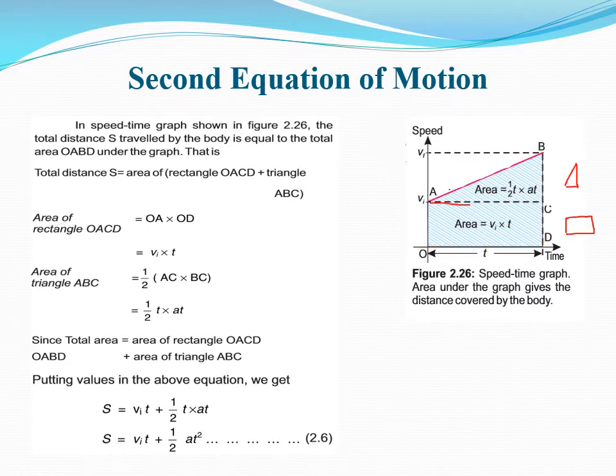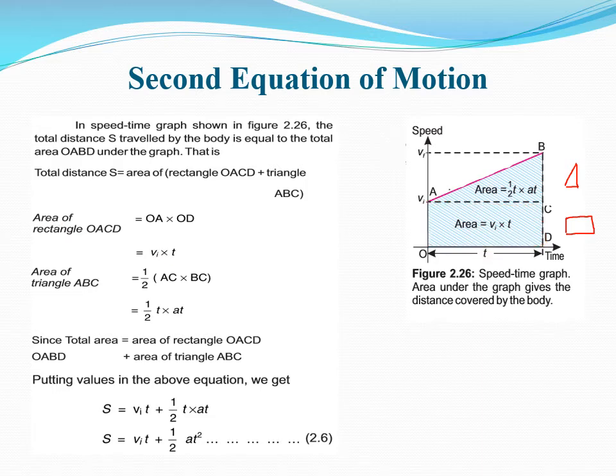So the area of this rectangle is OA times OD, and it is very visible from the graph that OA, this width of the rectangle, is represented by Vi, and this length of the rectangle is shown by this time T. So Vi times T, length times width.